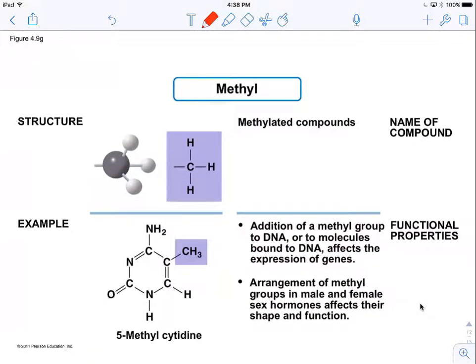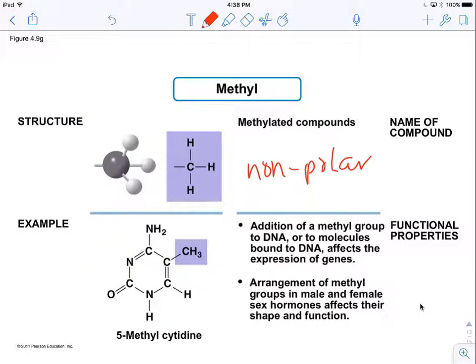This is the last one, methyl group. Methyl groups, if you look, carbon, hydrogen, hydrogen, hydrogen, nothing very electronegative. So these guys are non-polar. Okay, so they tend to make a compound hydrophobic or a little less dissolved in water. Methyl groups tend to have functional roles in turning molecules on and off.